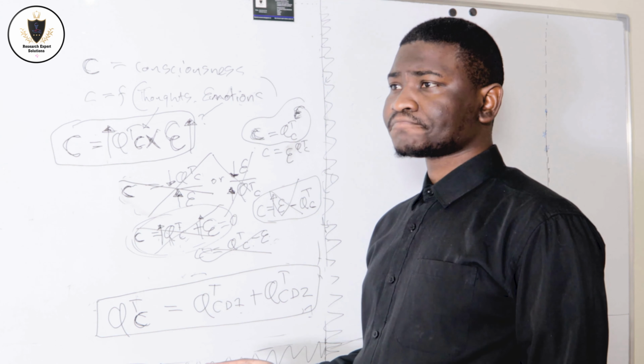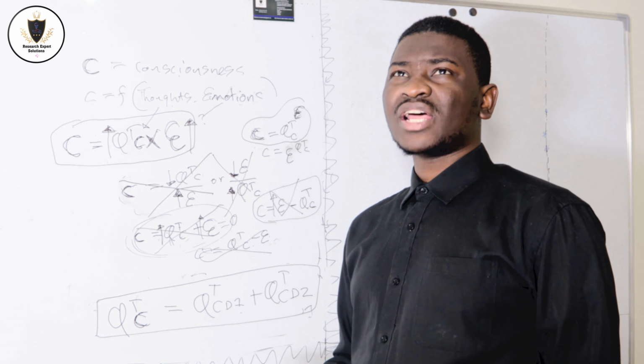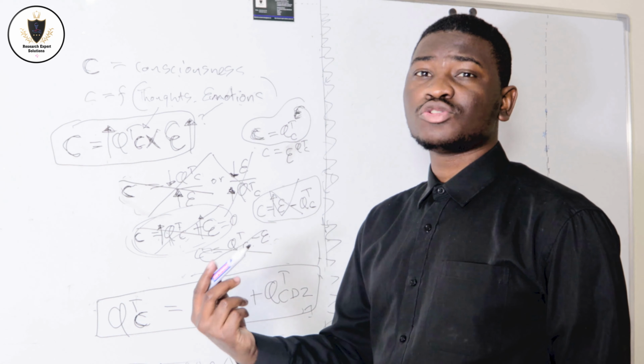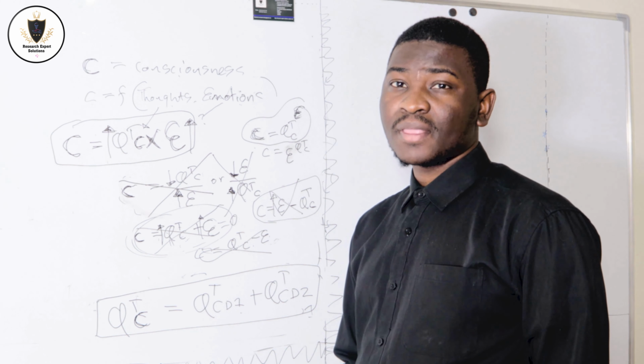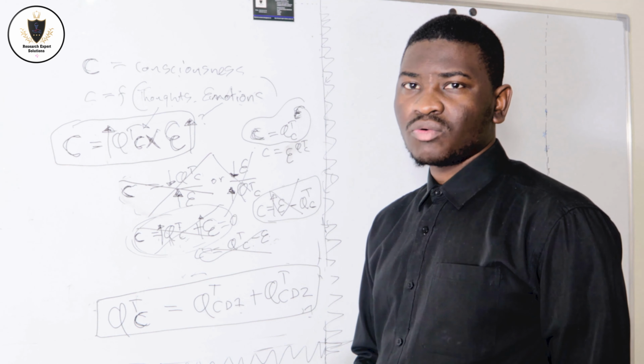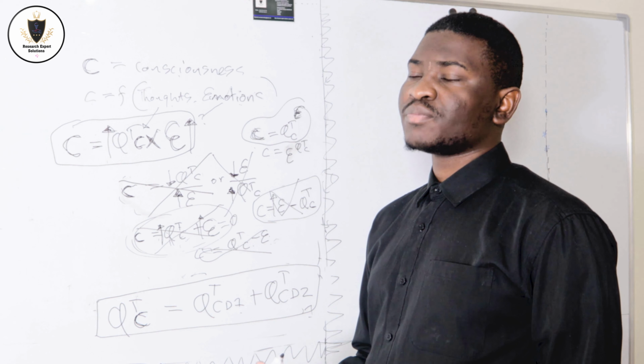Because usually that is not the case. Thoughts and emotions should occur at the same time, because there is no lag at all. The lag could be associated with the direction.